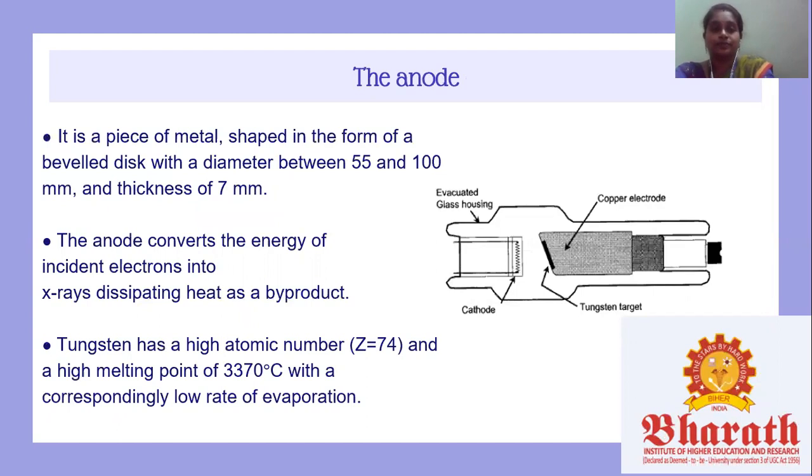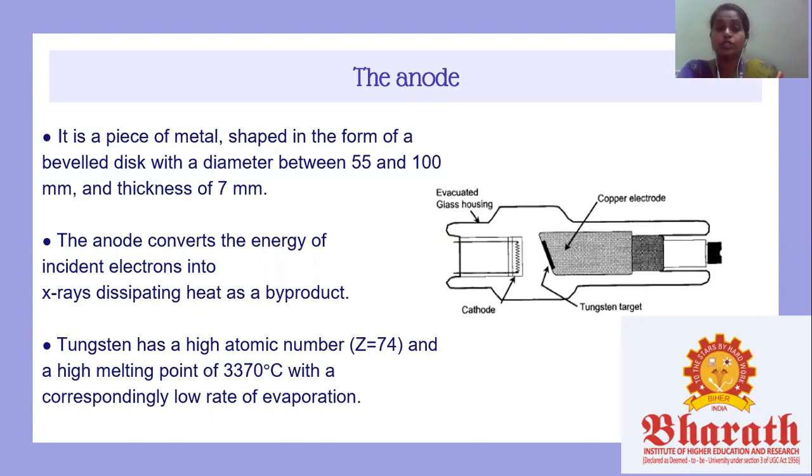So next is the anode. The anode is the component of the X-ray tube where the X-rays are produced, and is a piece of metal shaped in the form of a beveled disc with a diameter between 55 and 100 mm and a thickness of 7 mm, which is connected to the positive side of the electrical circuit. The anode converts the energy of the incident electrons into X-rays, with heat as a byproduct.